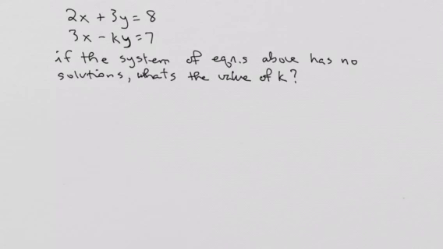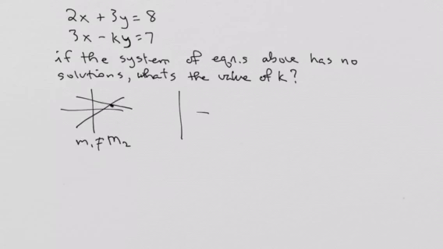Well, we have to think about the three possibilities with linear systems of equations. One is that there is a solution, and the solution is this point of intersection, and it happens because the slopes of the two equations aren't the same.